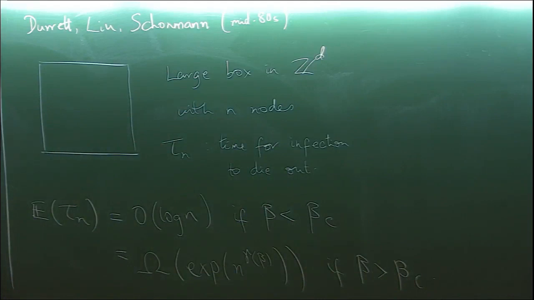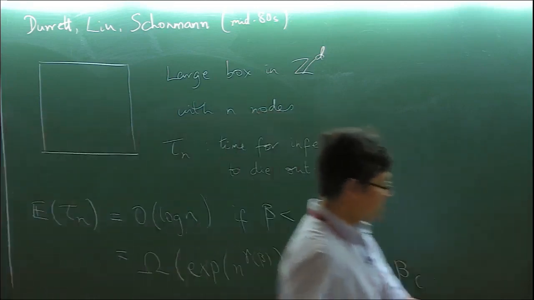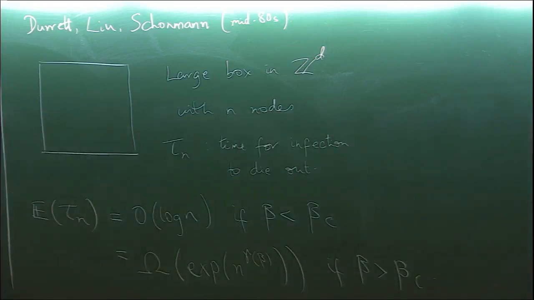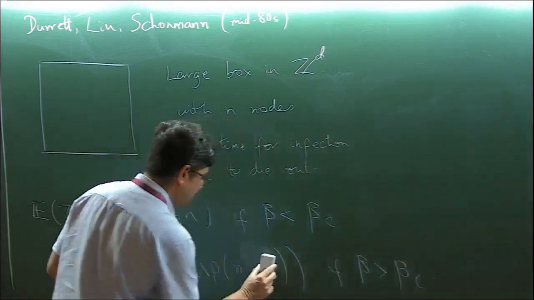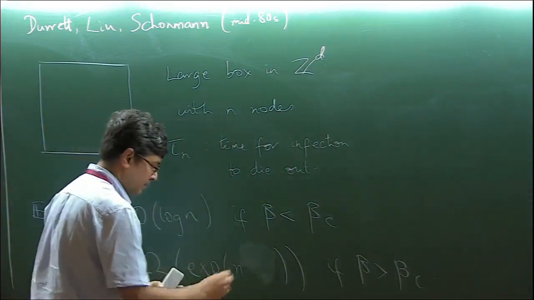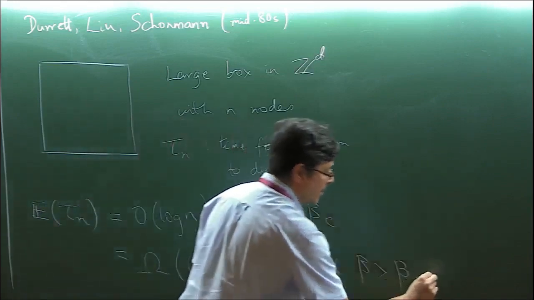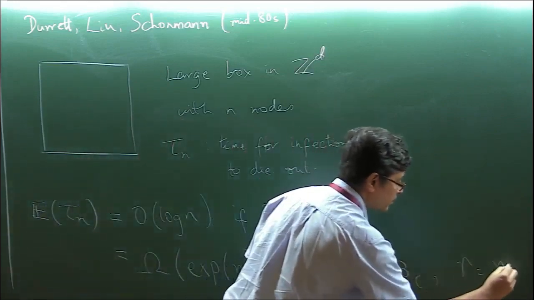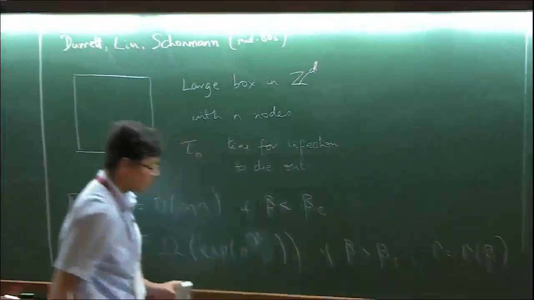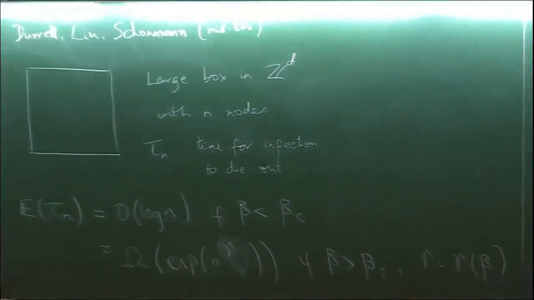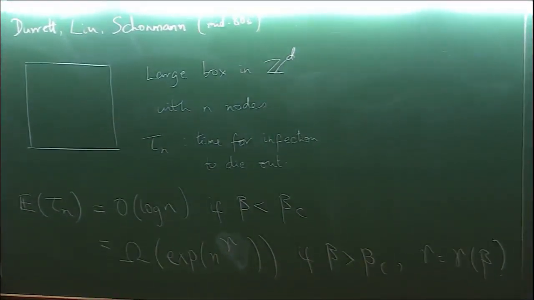And the power depends on beta. So that's maybe too heavy notation, let me just write n to the gamma here. And gamma is a function of beta.